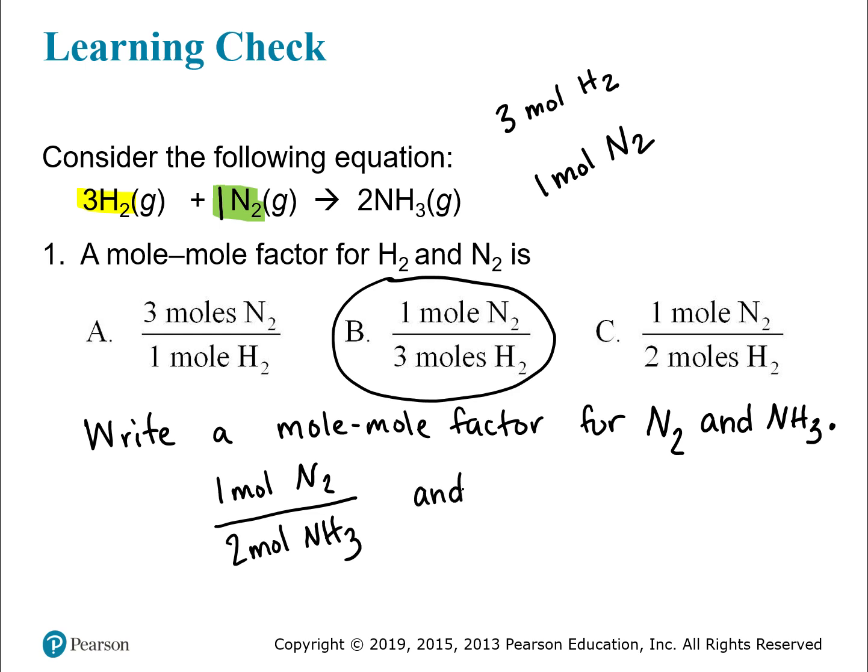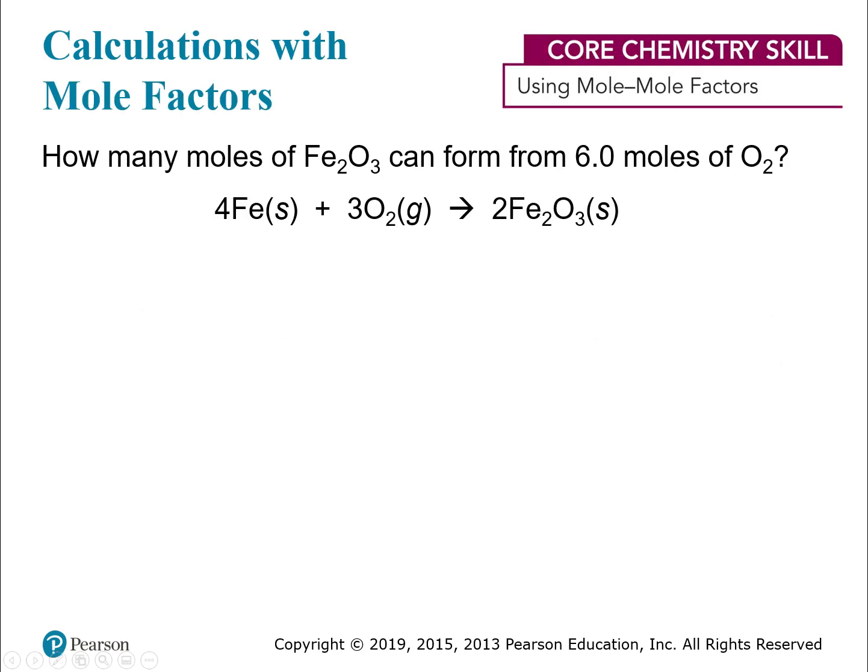The other one that you could have would be the 2 moles of ammonia on top and the 1 mole of nitrogen gas on the bottom. So let's move on and start using these.